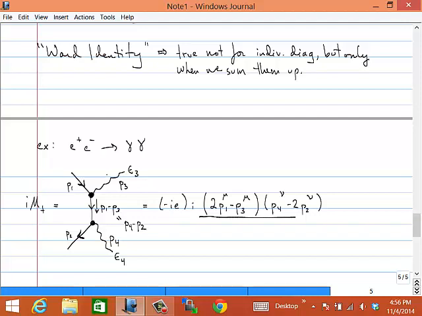And then we have to divide by the propagator, which is P1 minus P3 squared minus m squared. And then we have to contract with the appropriate epsilon tensors. So there's an epsilon mu 3 and an epsilon nu 4. And I suppose if they're outgoing photons, I should really complex conjugate those epsilons.